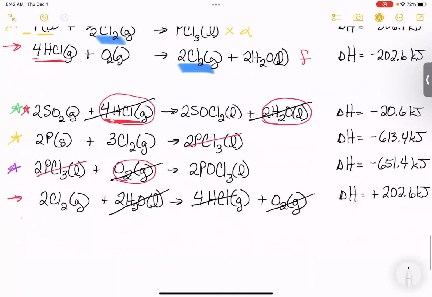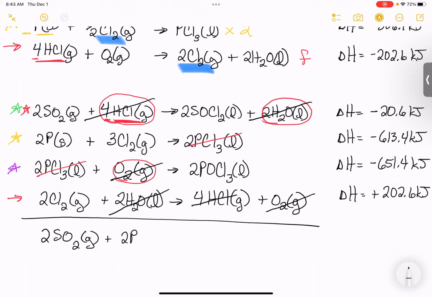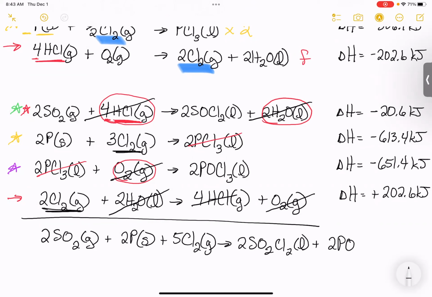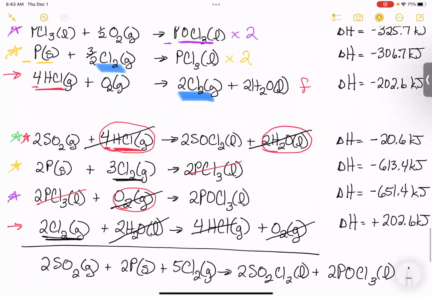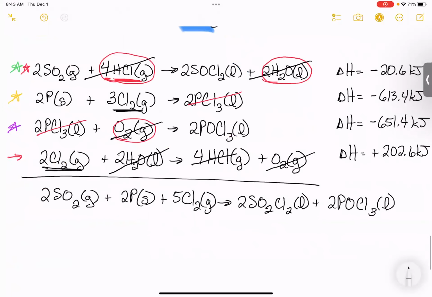And when you add these 4 equations together, you now get 2 SO2 gas plus 2 P solid plus, now there's 5, 3 here and 3 in the second equation and 2 in the last equation, so plus 5 Cl2 gas goes to make 2 SO2Cl2 liquids plus 2 POCl3 liquid, excuse me, which is the equation I wanted. They match up.